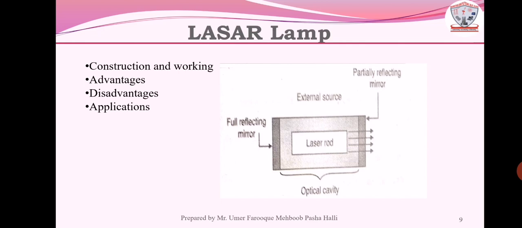This laser beam comes out from the partially reflecting mirror. There are many types of laser. These are stated below: gas laser, liquid laser, chemical laser, X-ray lasers, semiconductor laser, optical pumped solid state laser.